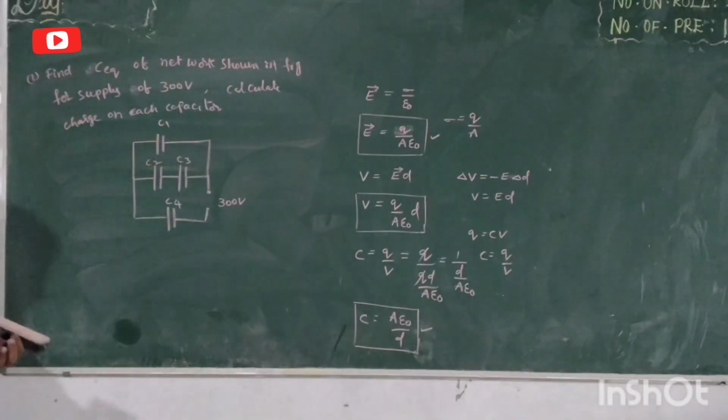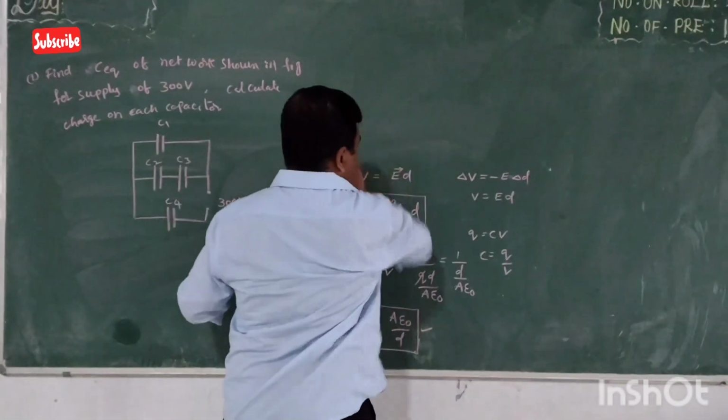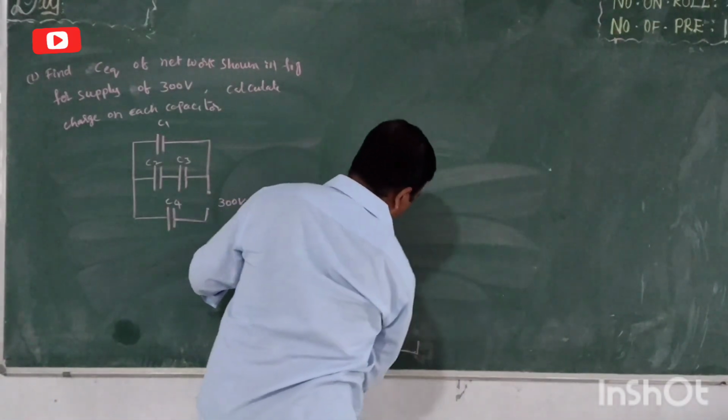This is the problem we can solve now. First we can find the capacitance of the network, the equivalent capacitance.